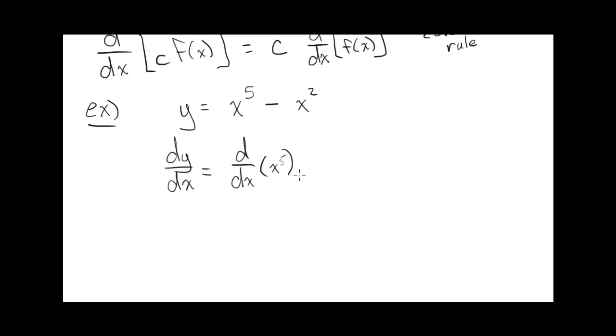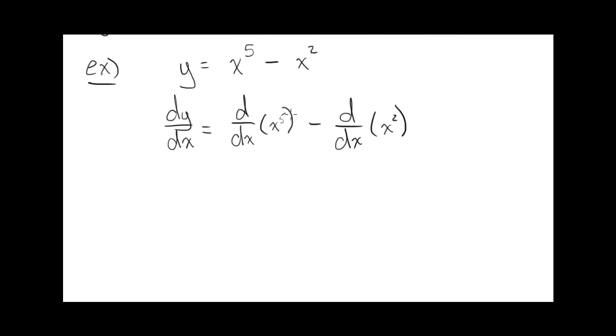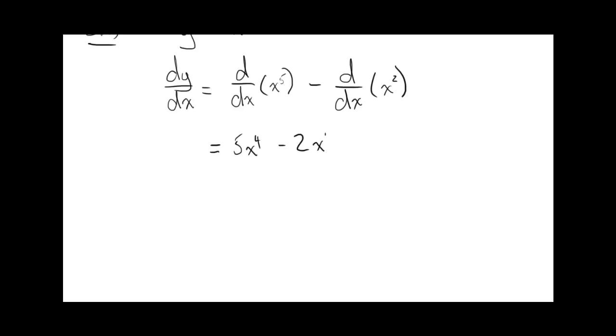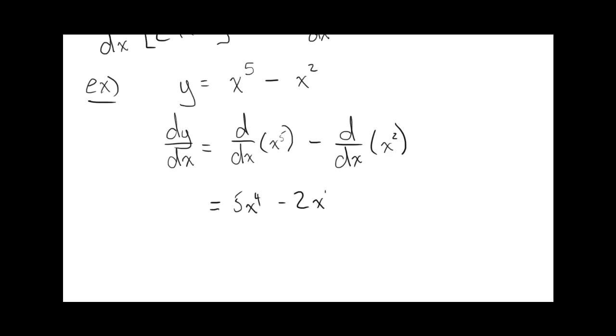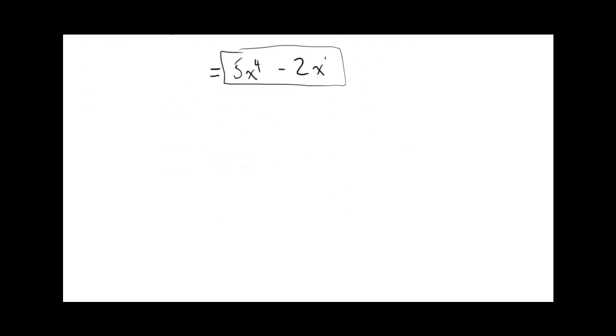Then we can just apply the power rule. So 5x to the 4 minus 2x to the, and then if you want, to the 1, but you don't need to write to the power of 1 usually. So that's the derivative. Notice I just applied the power rule twice, and since it's a subtraction, the derivative will be also.